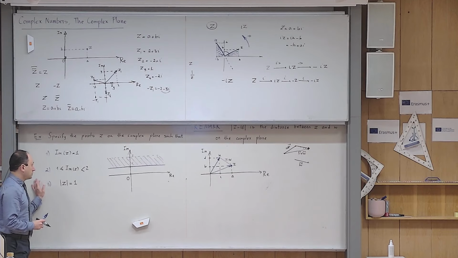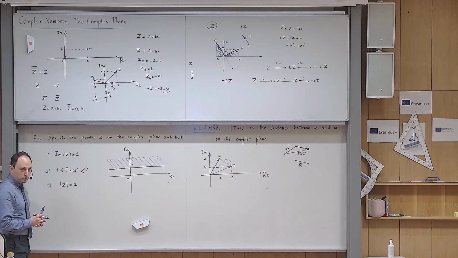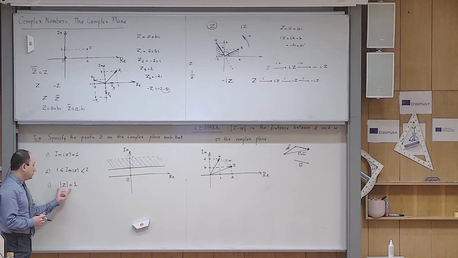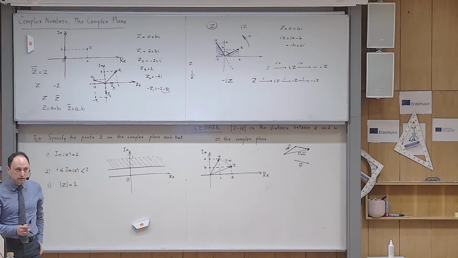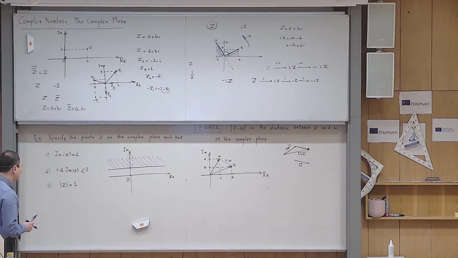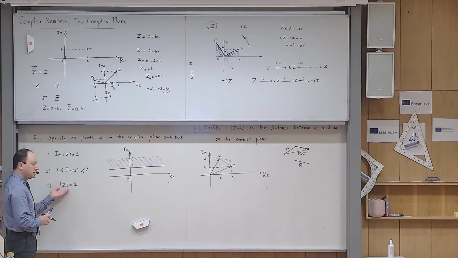I am interested in all the points on the complex plane for which the absolute value of that complex number is exactly equal to 1. Where are those points? For this problem, you can solve it in 2 different ways, geometrically or algebraically. I want you to learn both of them. Okay, geometrically is much simpler here. So, do you see that?